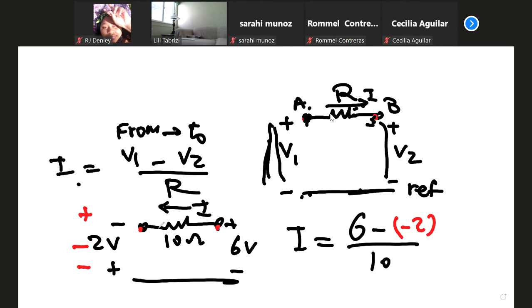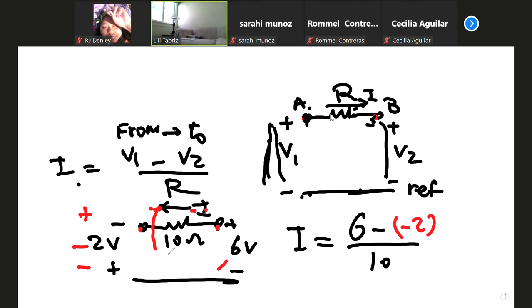Yeah, so you add the plus side minus the minus voltage. No, you pay attention to the direction of the current. The current goes from the starting end, right? The voltage at the starting point, 6 volts, minus the voltage at the end point, minus 2 volt, divided by 2.